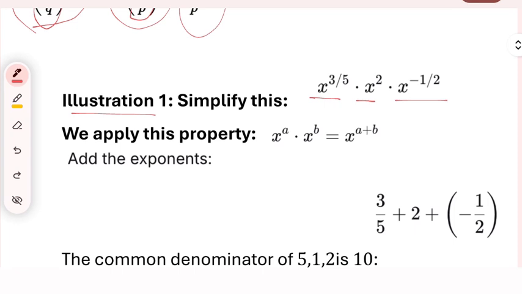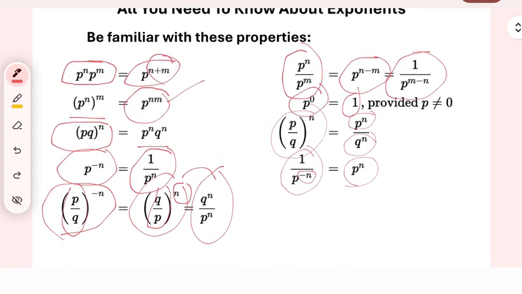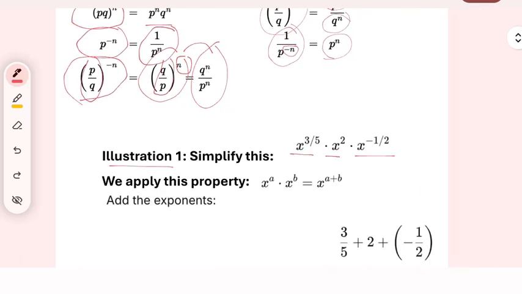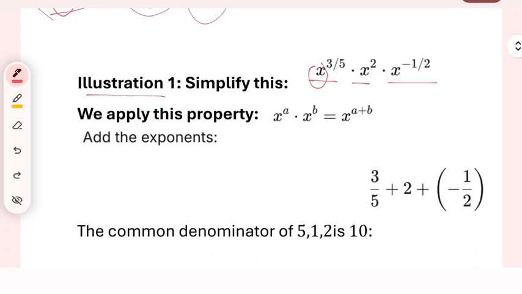What would happen if we have the same base and you multiply? If we go back to property 1, you simply add the exponents because they have the same base.